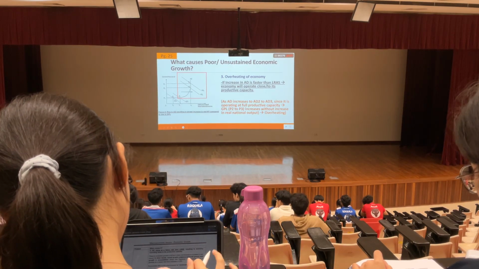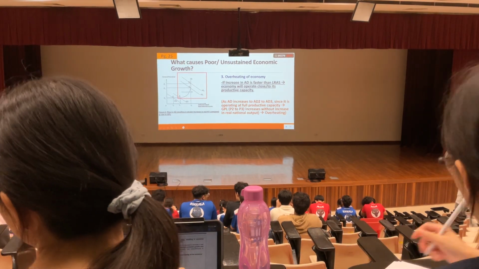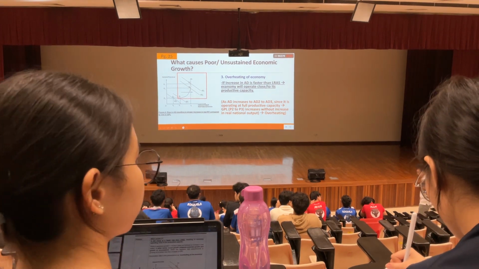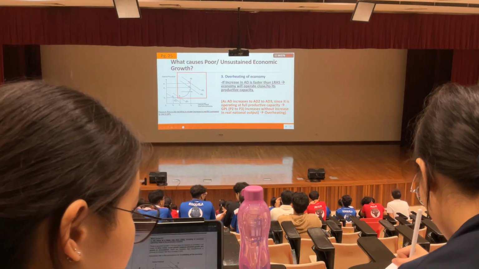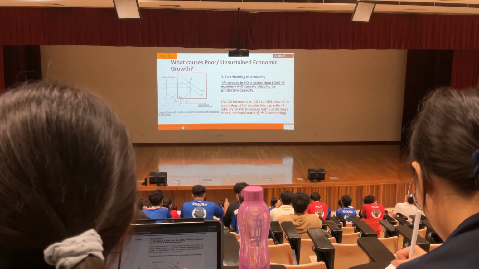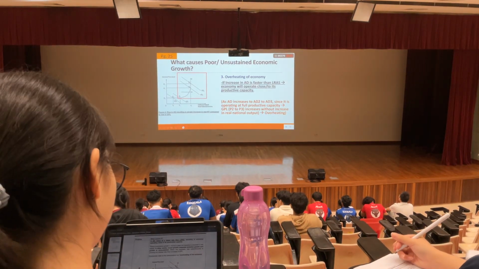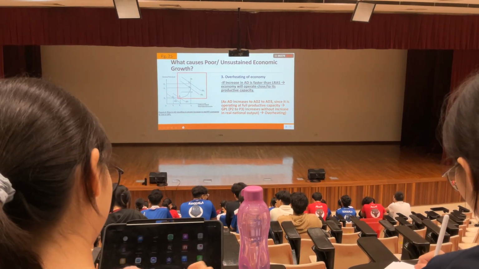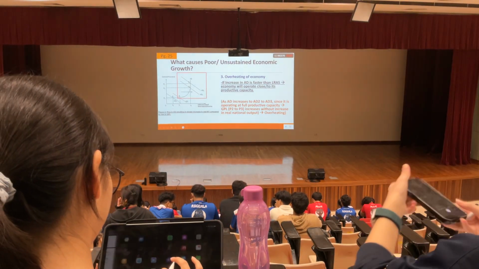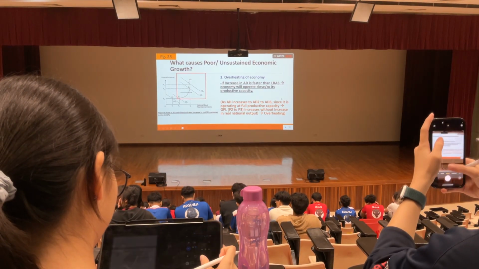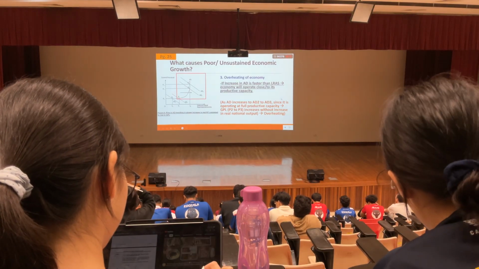So you can see that my GPL increases significantly, but my output still stays the same at YF. So this means that my general price level is increasing without increasing my real national output. So this means my economy is overheating. So overheating would mean this over here. Okay?